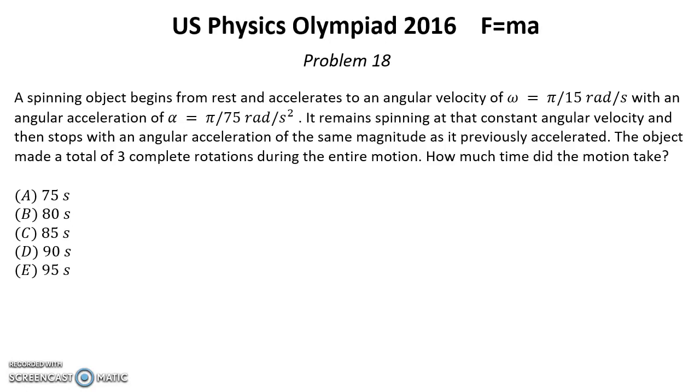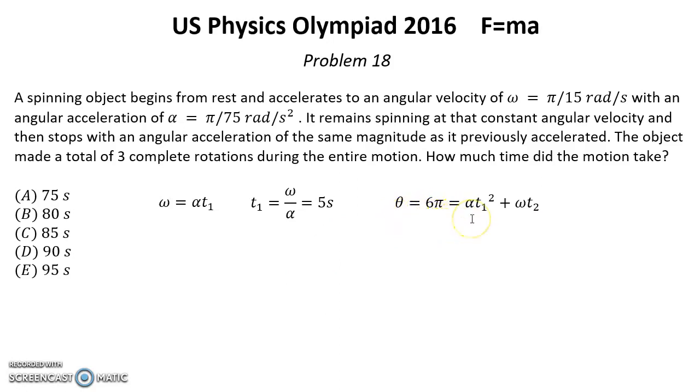Solution for problem 18. First of all, we can find the time for acceleration and deceleration. This we can count from the formula omega equals alpha t1. So we have t1 equals omega over alpha, which is 5 seconds. After that, we can count the total rotation for this object. Total angle theta is 6 pi in radians.